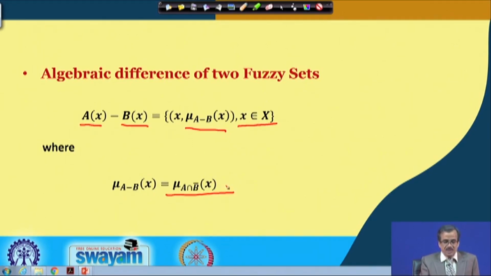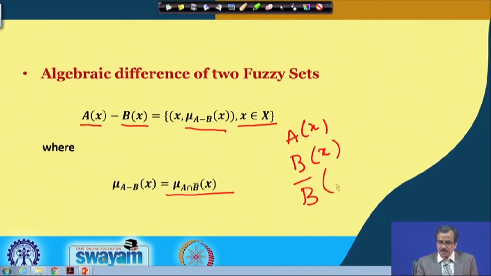So, I have two fuzzy sets, A(x) and B(x). You will have to find the complement of B, that is B bar(x), and after that we use the concept of intersection, that is, A intersection B bar.